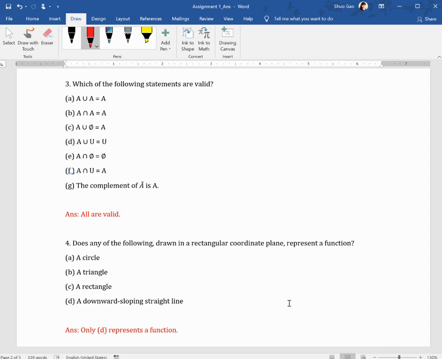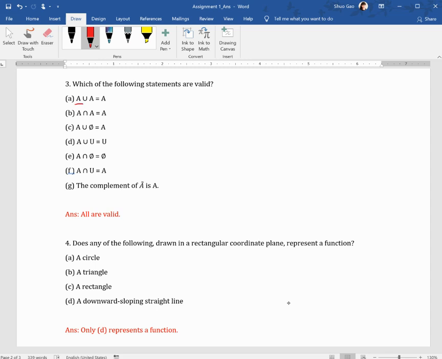as I said, union means we take all the elements in both sides, and even if it appeared in only one set, it doesn't matter. We just count all the elements that appeared in both sides, and then we gather them together, and this is our new set. We call it the union set, right?